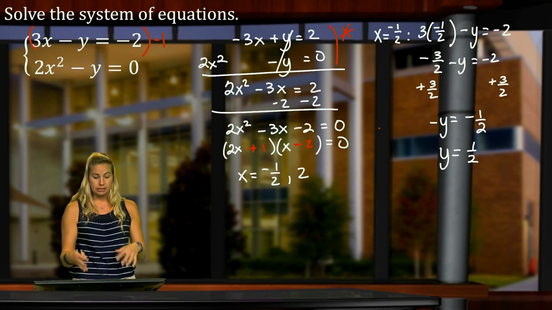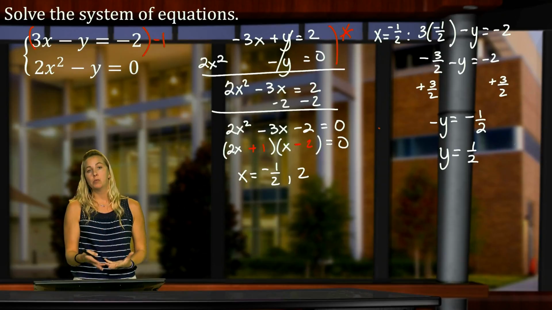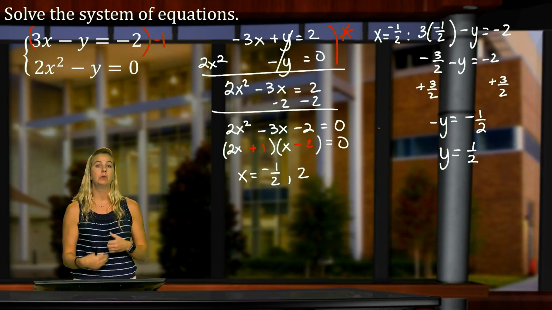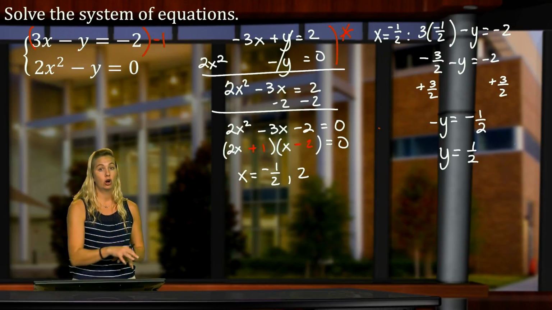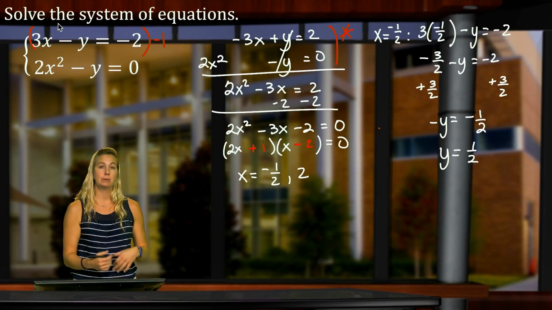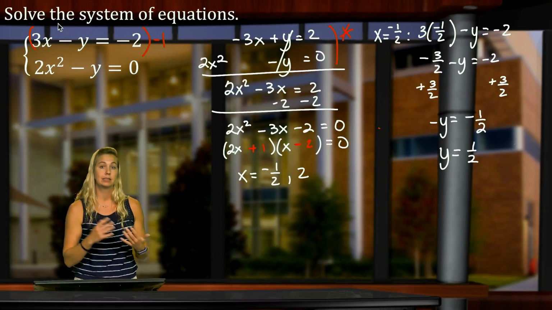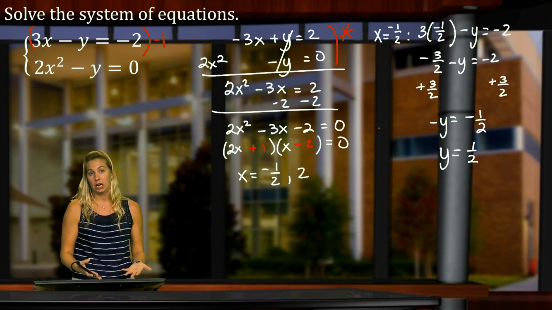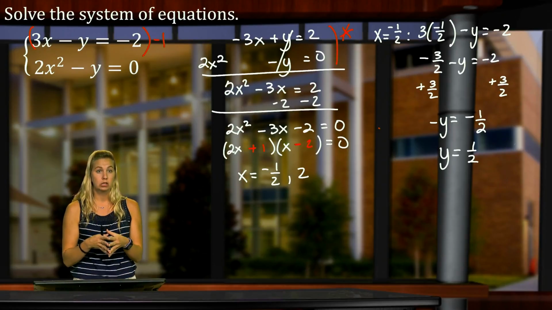And we talked about that. So if you're just tuning in, when you're using elimination for nonlinear systems, you need to make sure that you can eliminate every occurrence of that variable. So in my original problem, because we had a 3x and a 2x squared, since those are not like terms, combining them is never going to get them to cancel out. So I hope that answers your question, Luke.